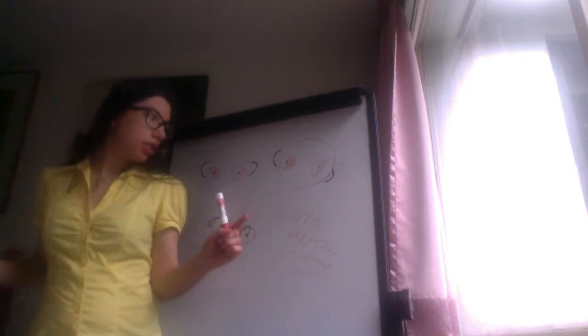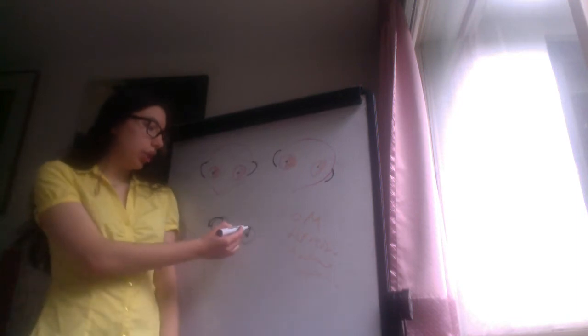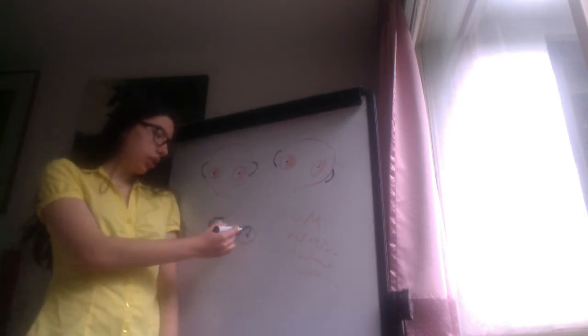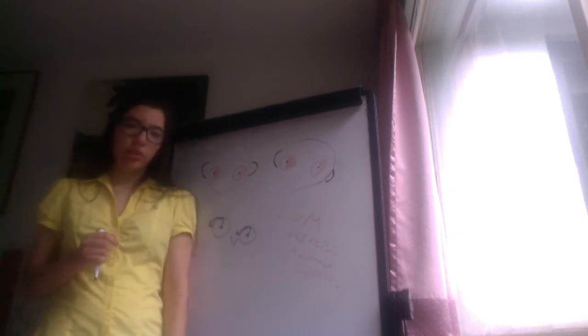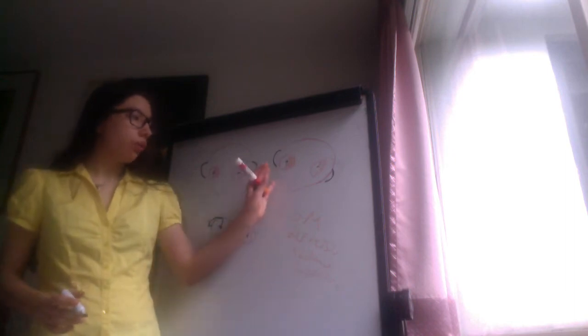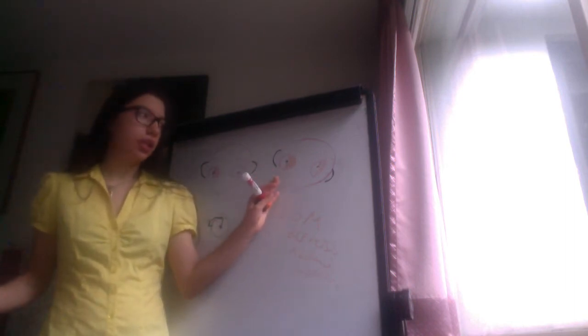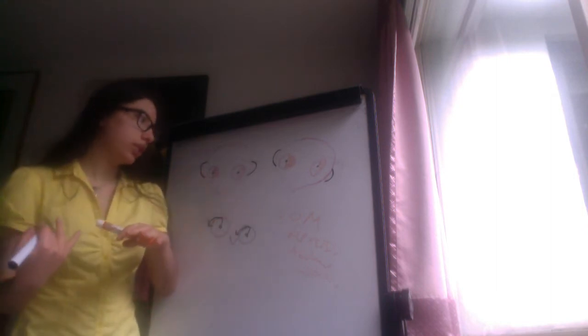In this case, the left eye is doing intorsion, is looking toward the nose, and the right eye is doing extorsion. So this happens when we normally tilt the head to the left side, and the opposite would be if we tilt the head to the right side.